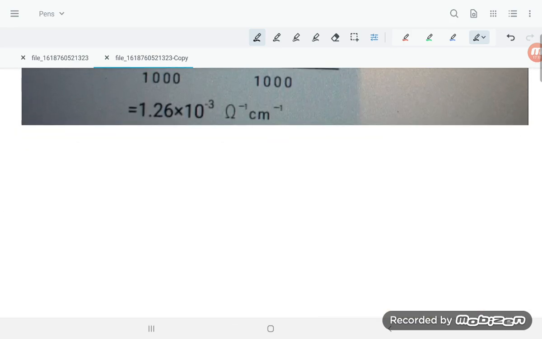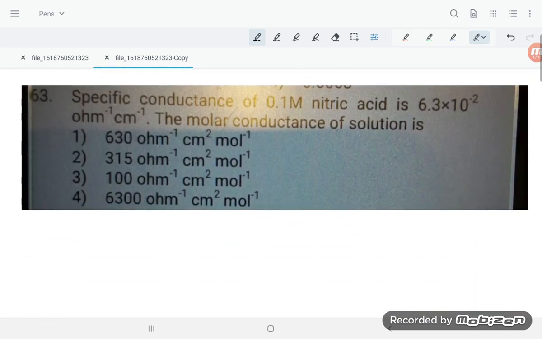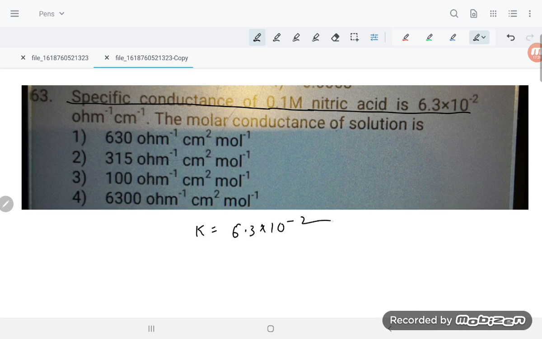Now let us move to the next problem. The specific conductance of 0.1 molar nitric acid is K = 6.3 × 10⁻², and C = 0.1.